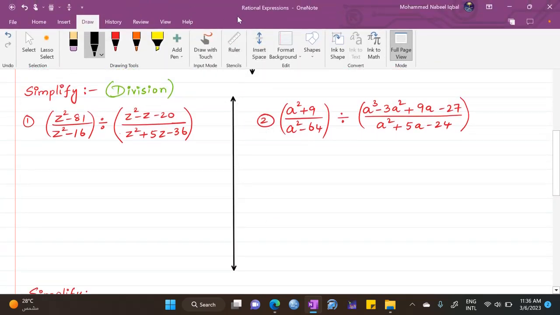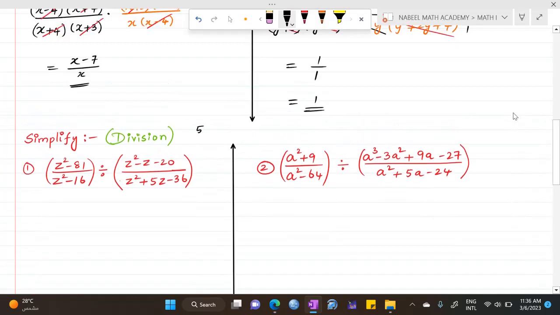Whenever you have 5 over 3 divided by 1 over 2, you can write it as 5 over 3 multiplied by 2 over 1. If I change the operation, I have to swap this number, change this order, so it becomes 2 over 1.